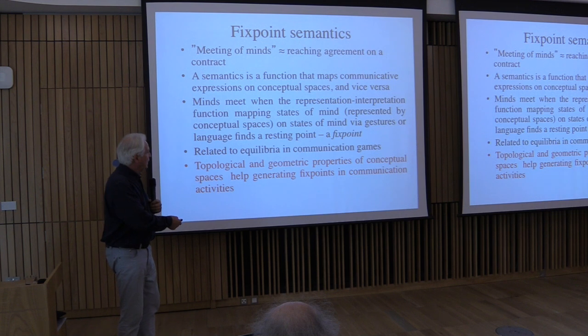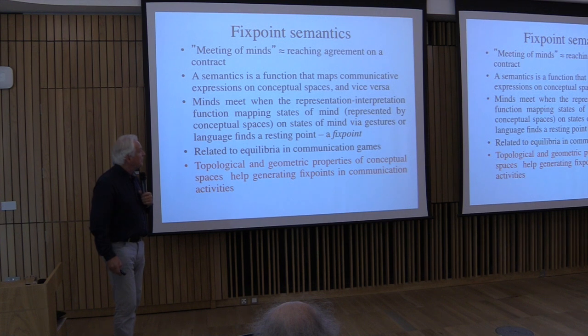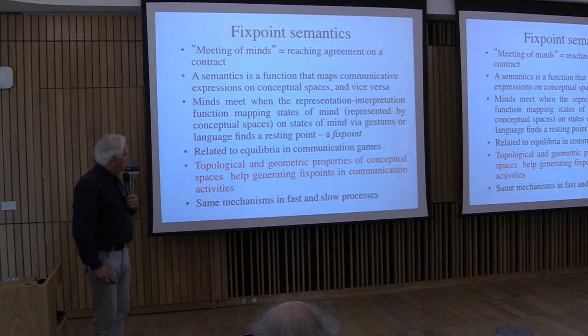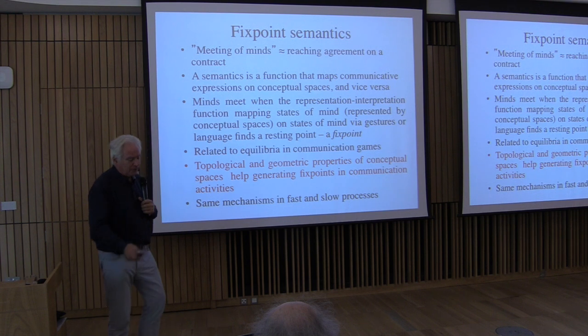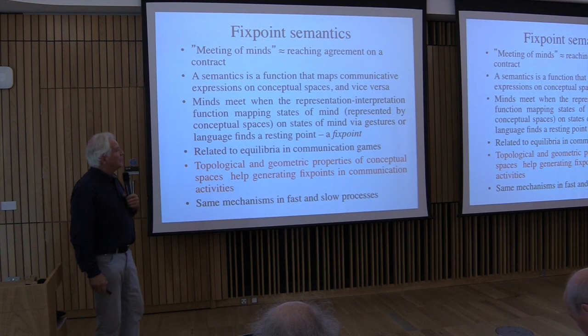I will show you that by assuming something about the properties here, we can know that there exist fixed points. And I also would say that there is the same mechanism in the fast and the slow process. I don't want to get into the details here. Pointing is an example of the fast process, but understanding the meaning of a word is an example of the slow process.